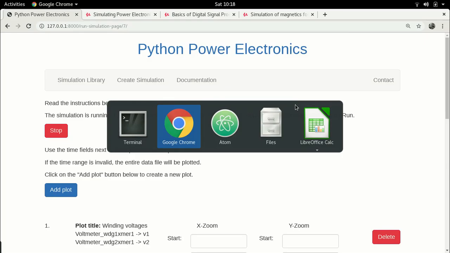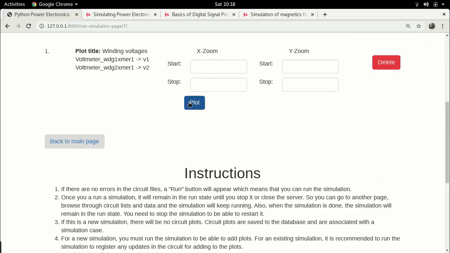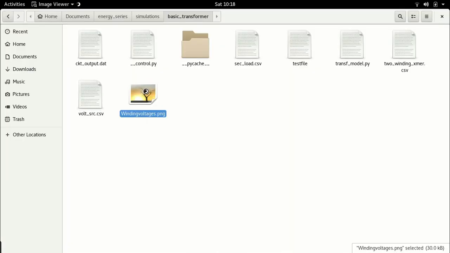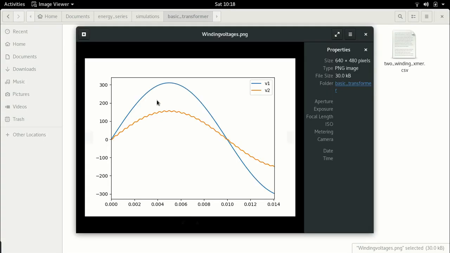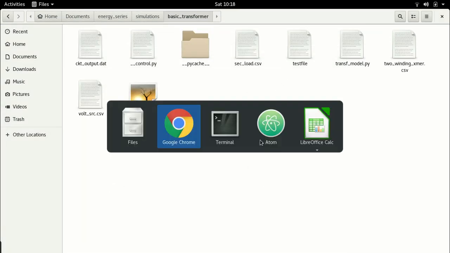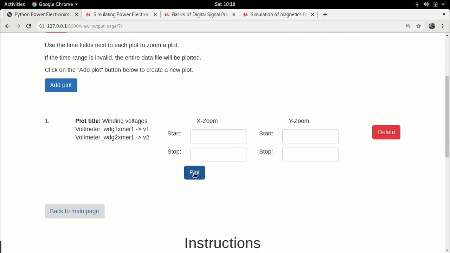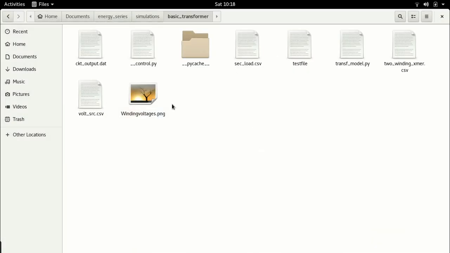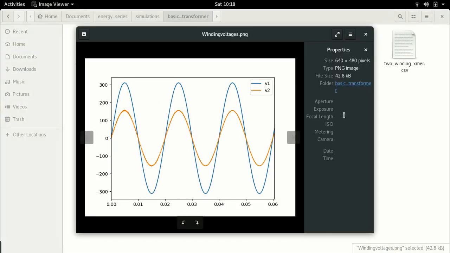Yes, it is running, and let's click on the run plot button. And now we do have that result, right? Now I'm just going to plot once more so that we have a few more cycles. And yes, we do.